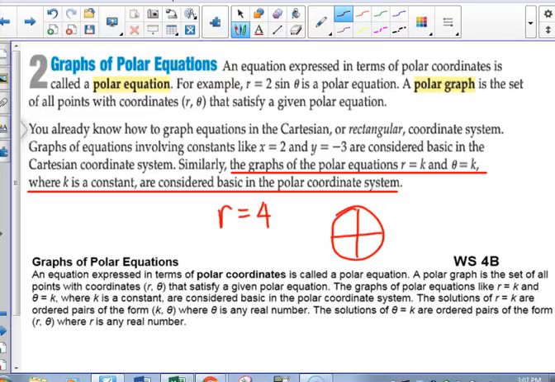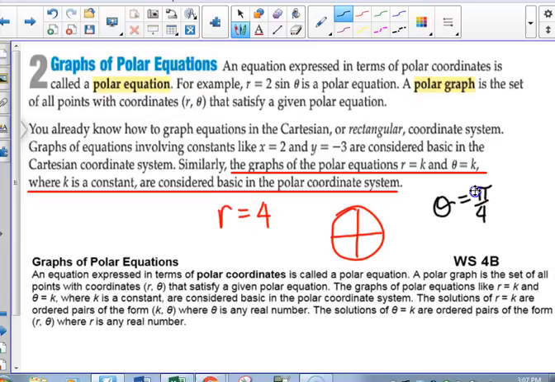The other one you have to know and be able to recognize is this. Theta equals, and I'll make one up. What do you think that is? All points on the line pi over 4, because the radius could be anything. The radius could be 0.01, the radius could be -6, so all those points would make a line.